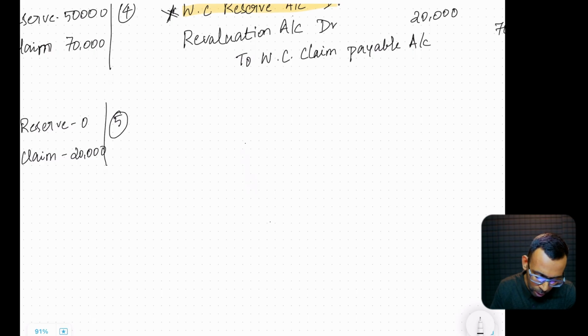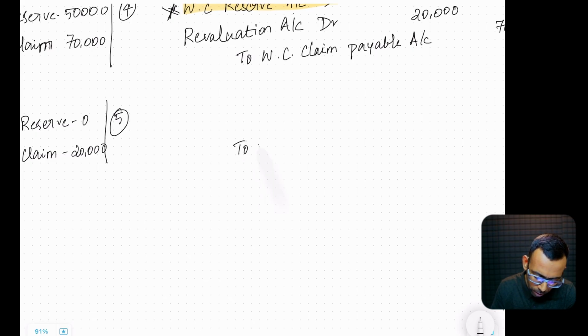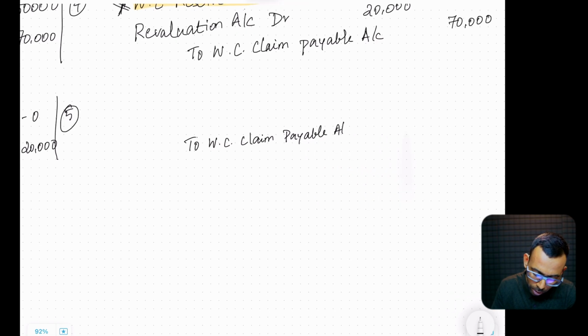Instead, you have to give a claim of 20,000 to the laborers. So workman claim payable account. You create a claim payable account and you write that amount of 20,000. The liability goes first. You created a liability of 20,000 first. But to hold this credit of 20,000, there has to be another debit of 20,000, isn't it?